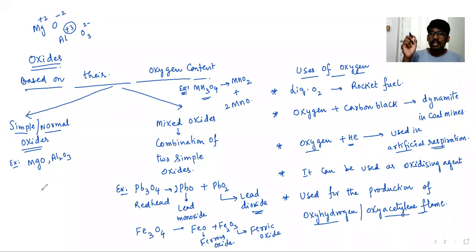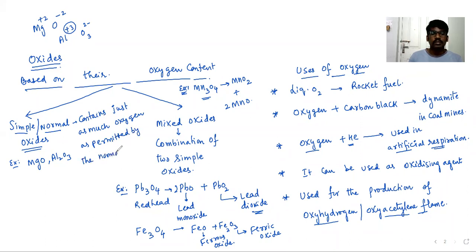So simple oxides or normal oxides are those oxides which contain just as much oxygen as permitted by the normal oxidation number of M. M means the central atom.